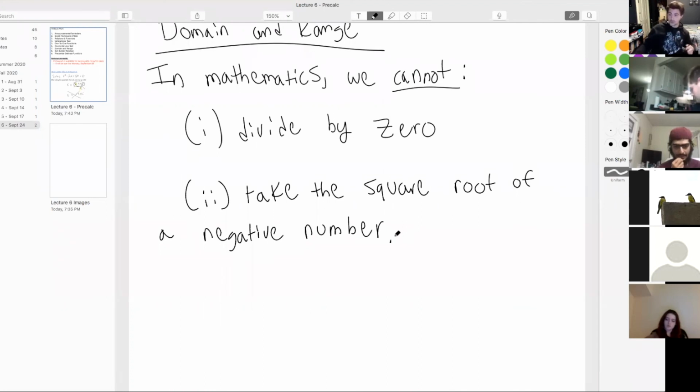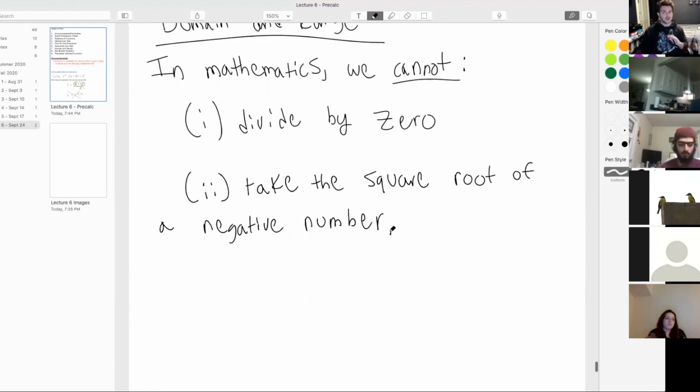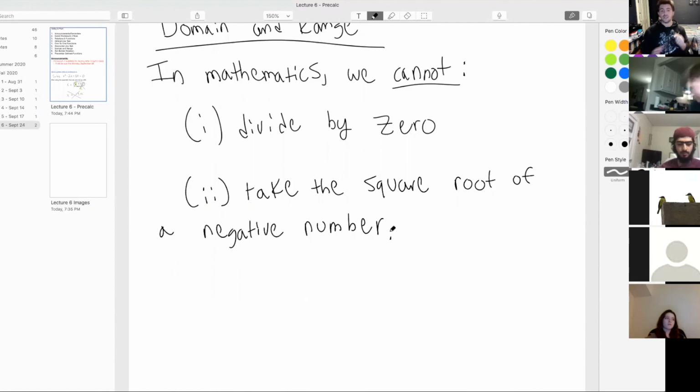Yes, that's true. However, the functions that we will be considering are functions that have the real numbers as their inputs and outputs. You recall that when you take the square root of a negative number and you get i, that's a complex number. And the functions we will deal with in this class do not have the complex numbers as a range. So in our setting, we cannot take the square root of a negative number.